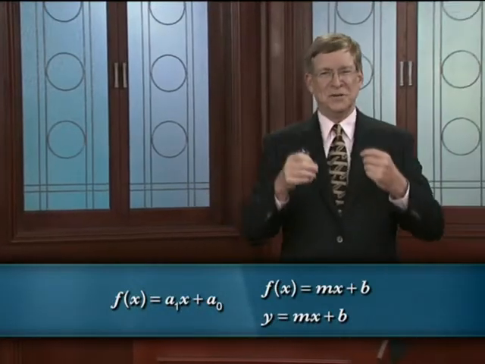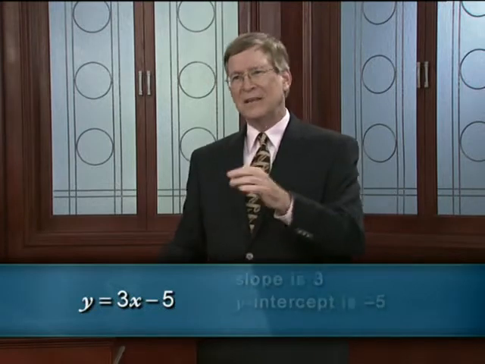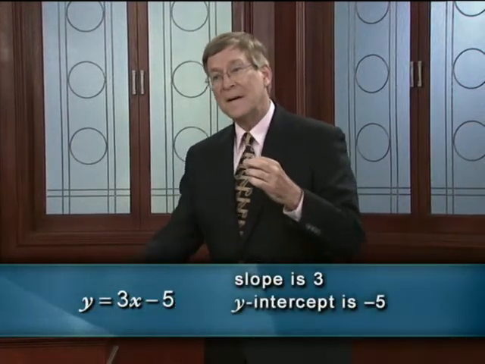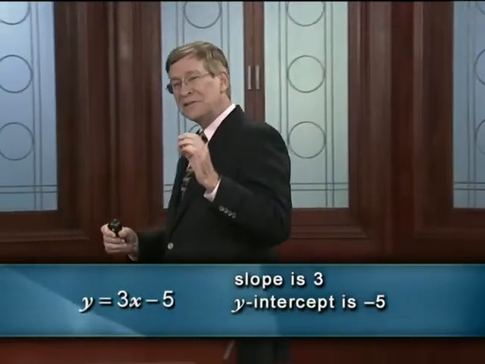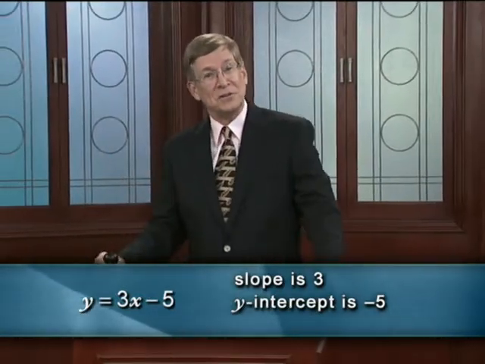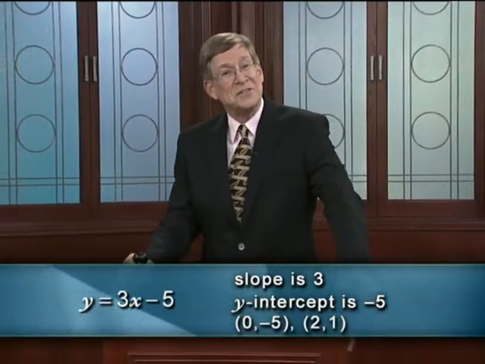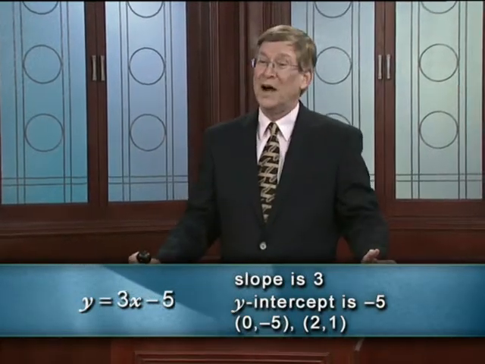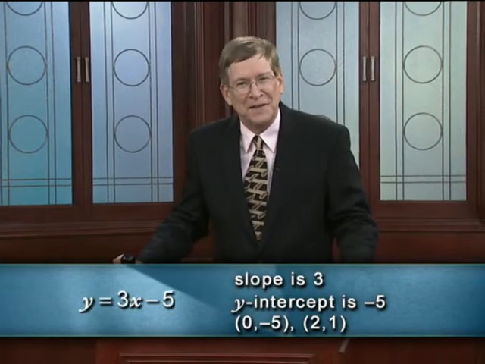Let's look at a particular example. How about y equals 3x minus 5? I claim this first degree polynomial is a straight line of slope 3 and y-intercept minus 5. You can plot some points in order to see what the graph looks like. For instance, when x is 0, y is minus 5, and in fact that's the y-intercept at 0, minus 5, isn't it?